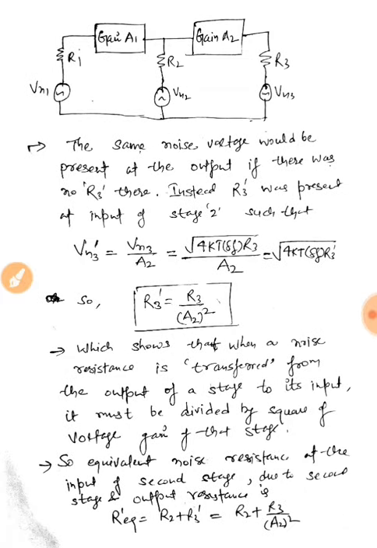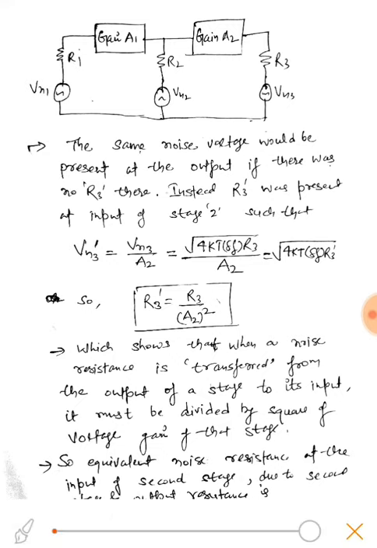The same noise voltage that we have just calculated would be present at the output if there was no R3, and instead of this R3, if we have some resistance R3 dash at the input of amplifier second, then it would have the same output voltage at the output.